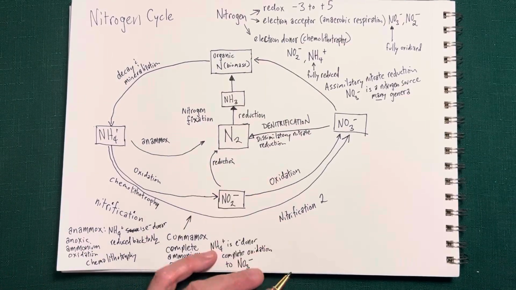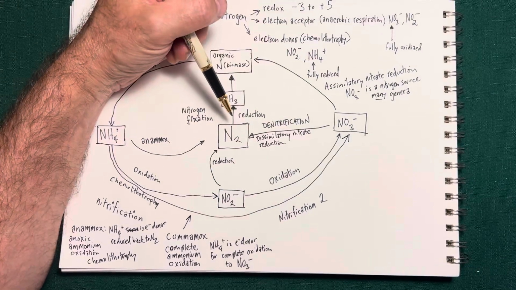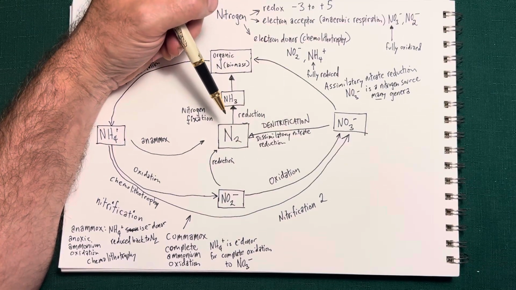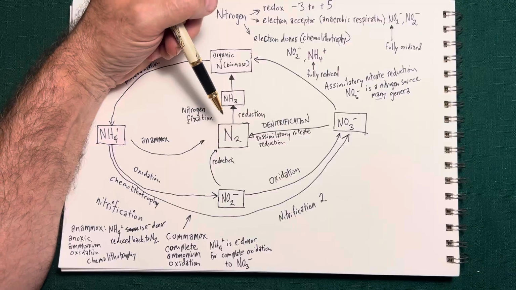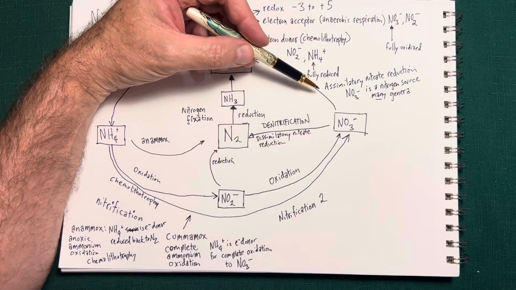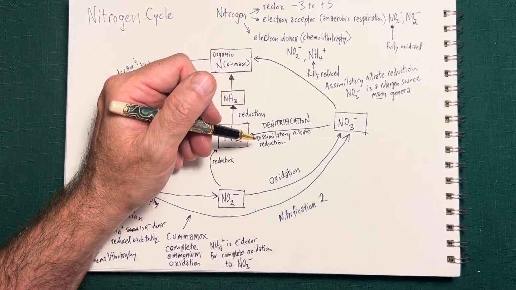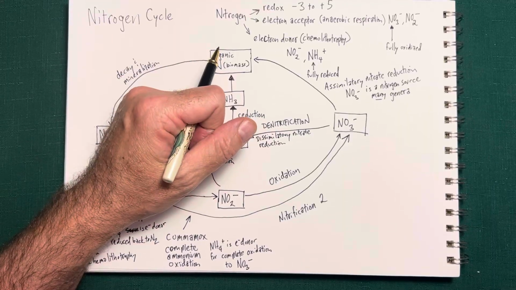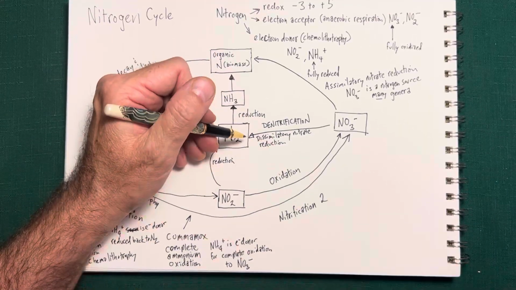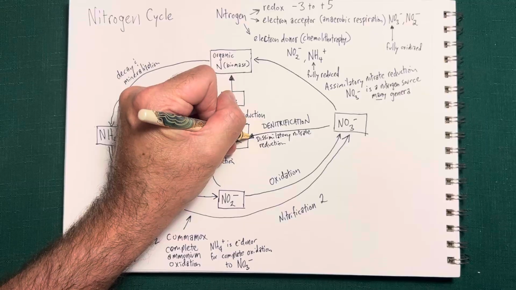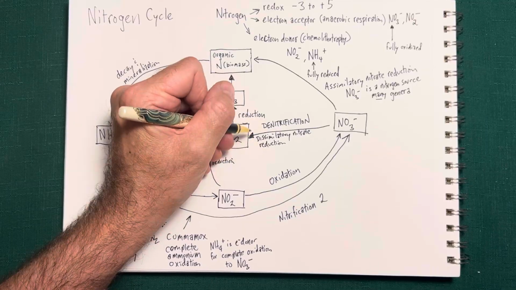In denitrification, nitrate is just converted back into nitrogen gas, N2. So assimilatory, think it's being assimilated into biomass. Dissimilatory, it is not being assimilated. It's doing the opposite. It's just being turned back into the nitrogen that we have in our atmosphere.